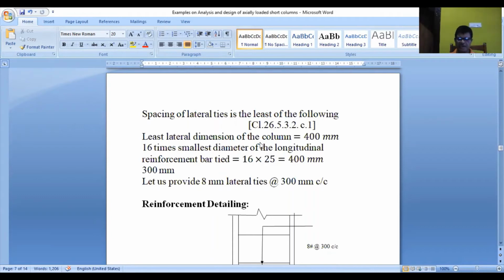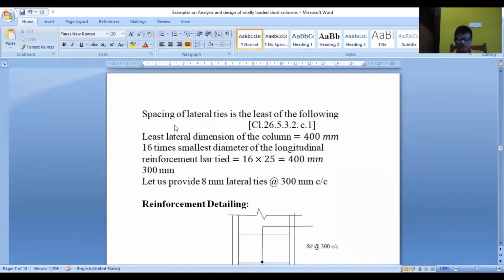That is the least lateral dimension of the column, 400 millimeter; 16 times the smallest bar, so 16 into 25, 400 millimeter; and minimum 300. So you provide the least of these values. So the least of these values means you have this 400, you have the 400, you have 300. So the least of these is equal to 300. It cannot be more than 300. Okay. So provide 8 mm at 300. You can provide 275 as you like. You can provide these values.